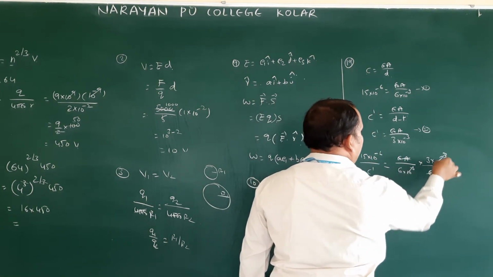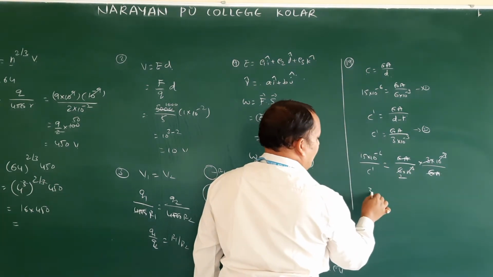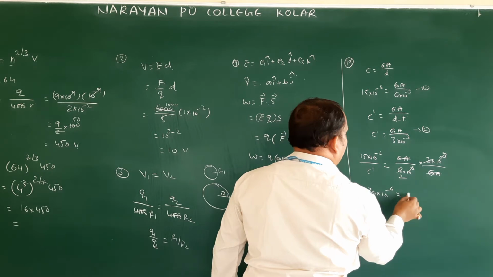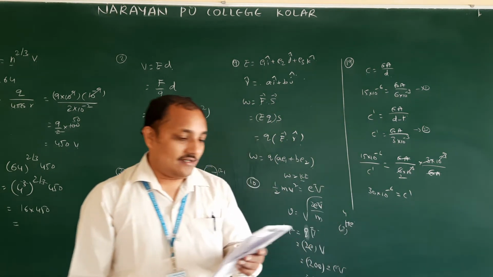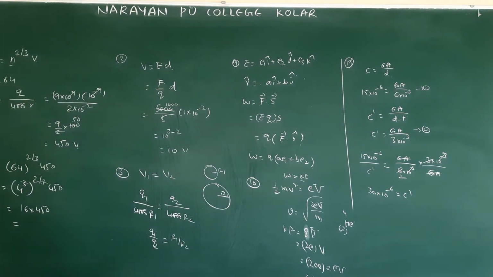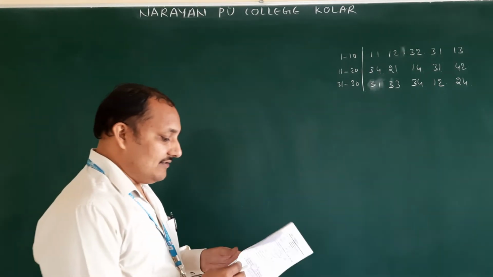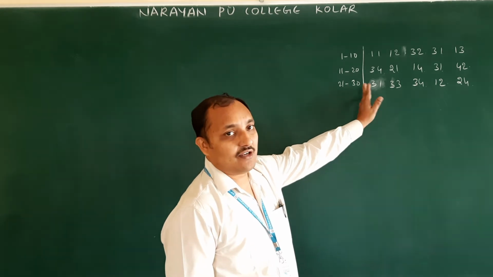These two will be cancelled. 6 by 3 means 2. 2 into 15, so 30 into 10 power minus 6 is equal to C dash. That is nothing but 30 microfarad. That is question number 19 answer. So 19th one is option 4. You can check here, this is the key for all questions.